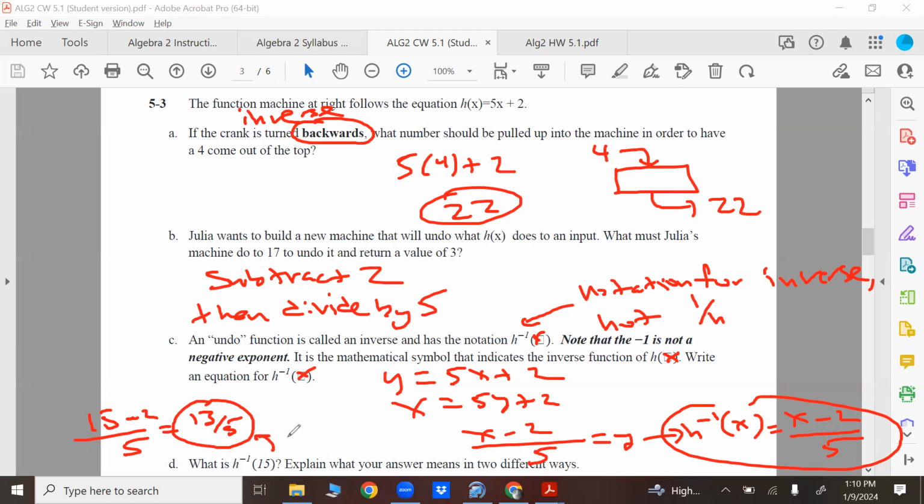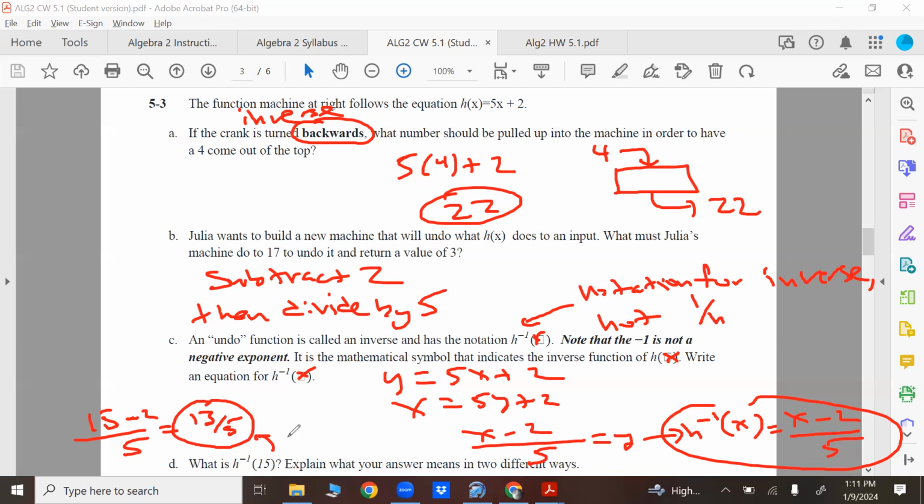I just wrote the equation, y equals x minus 2. That's the key, guys.